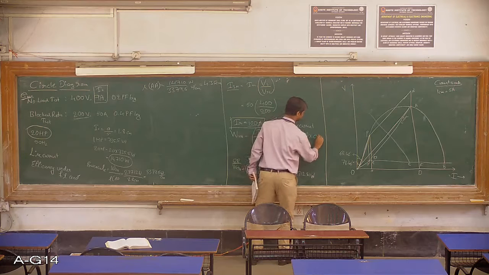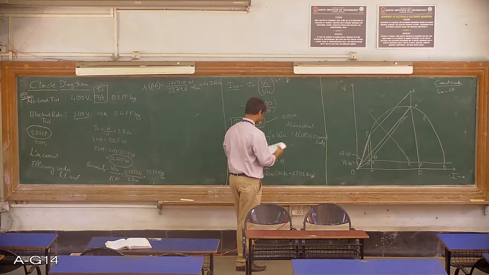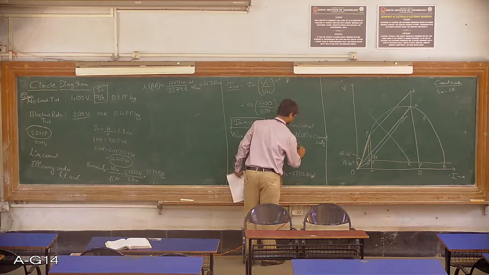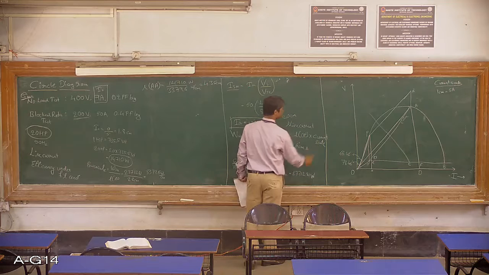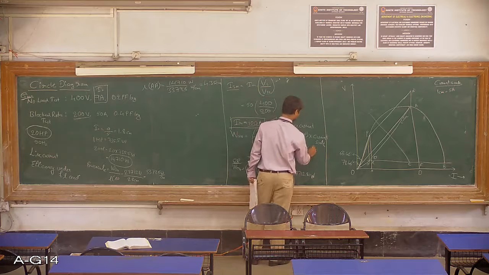The length of the OP is 6 centimeters. The current scale we have taken as 1 centimeter equal to 5 amperes.